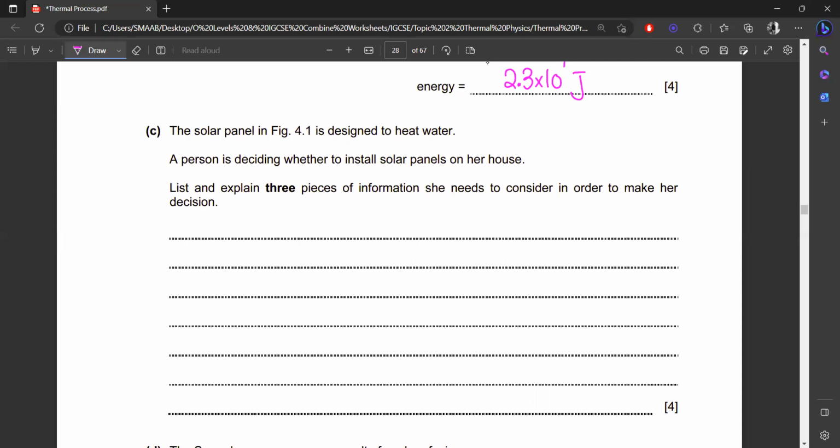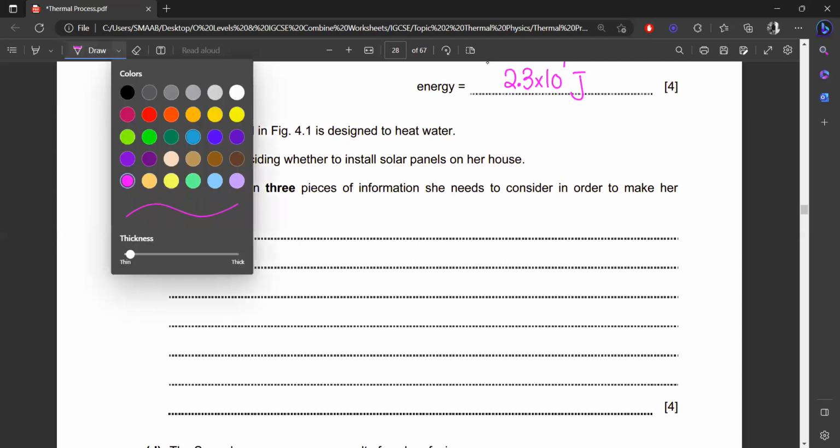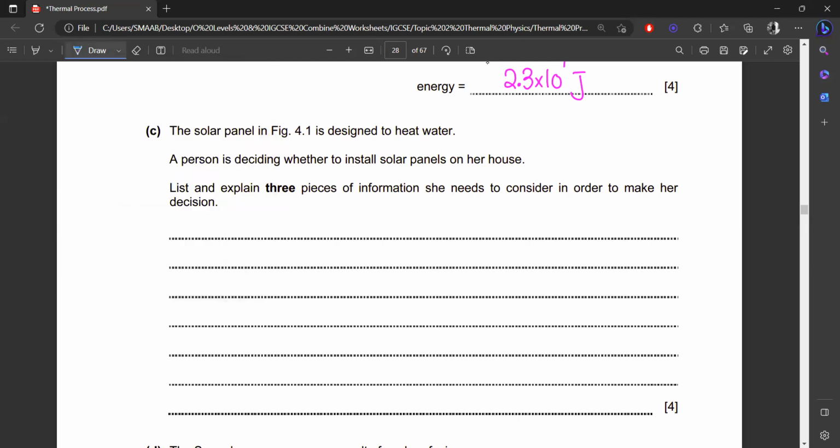So you already saw the setup, how the solar panel works according to the diagram. So now we have to list down three features that help her to consider whether she wants to install the solar panel or not.